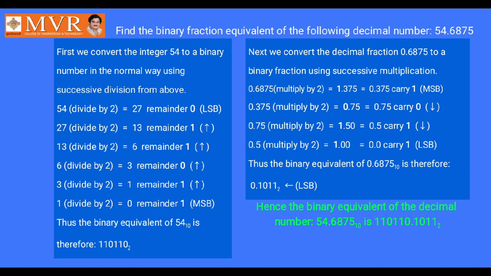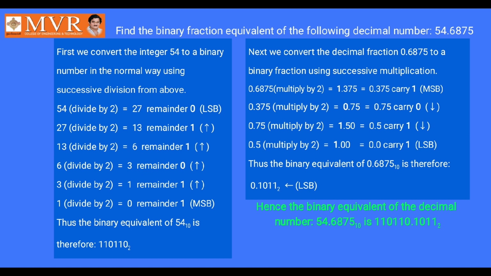So 0.5 you consider for the next multiplication, you keep 1 aside, and multiplying 0.5 you get 1.00. So 1 you keep aside, and the next is 0. However many times you multiply 0 with 2, you will get 0 only.